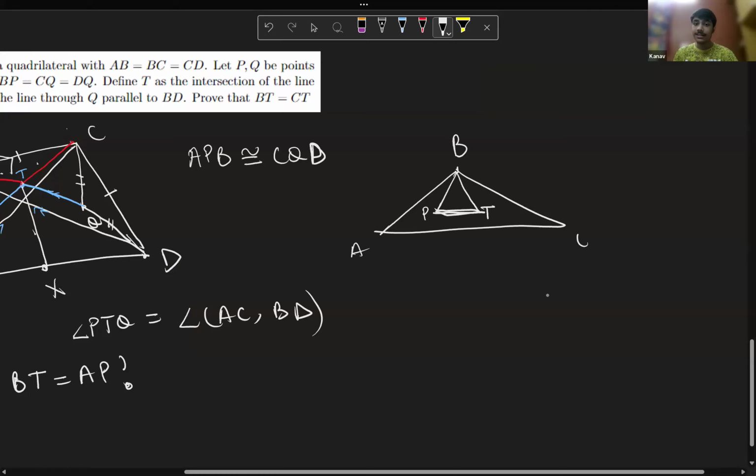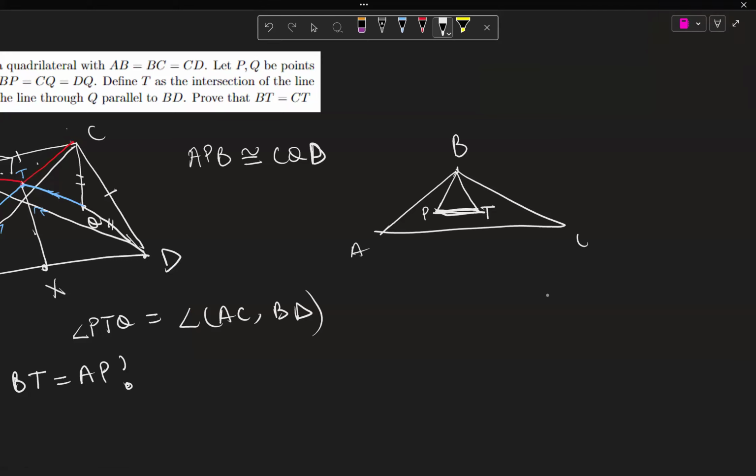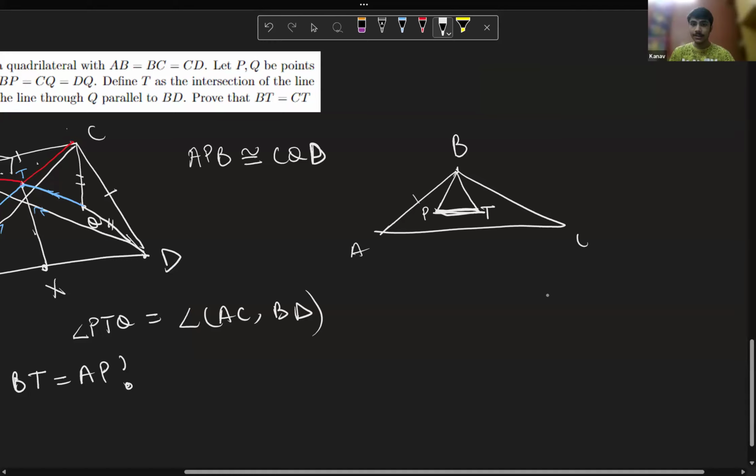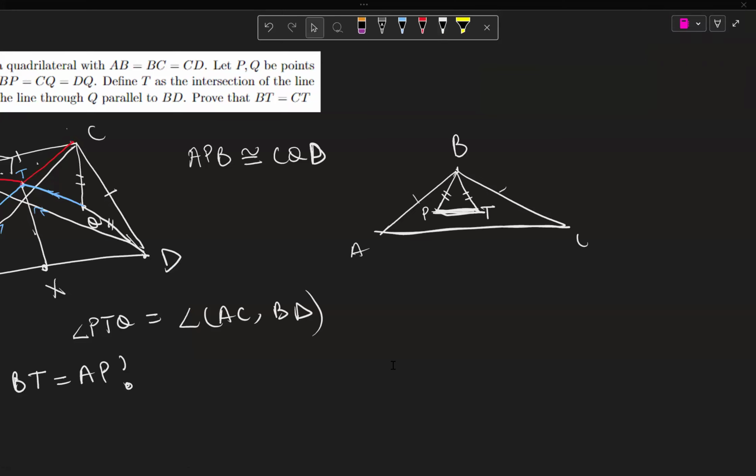Does this mean PT is parallel to AC? Wait, can you repeat? We have BAC is an isosceles triangle with BA equal to BC. BPT is another isosceles triangle with BP equal to PT. Does this mean PT is parallel to AC? No.